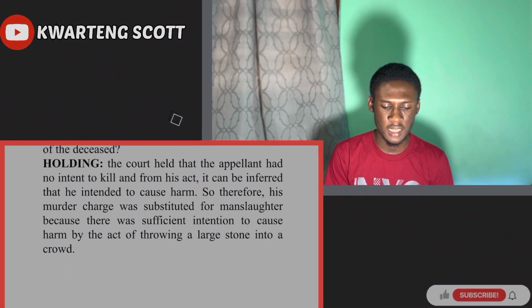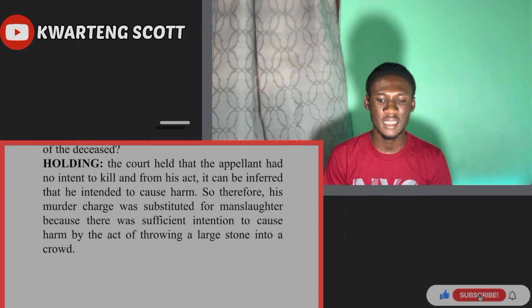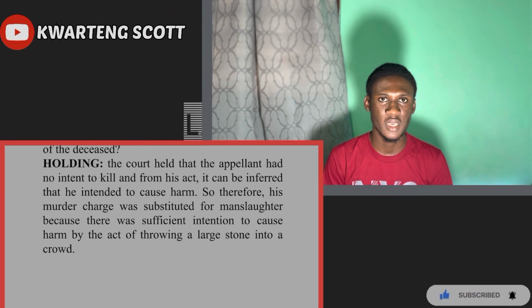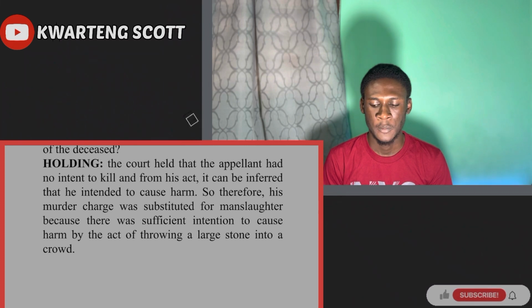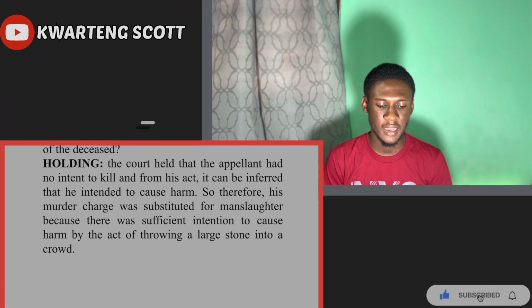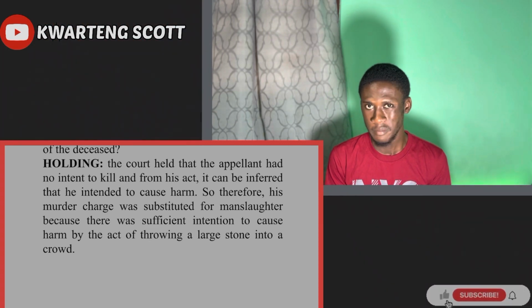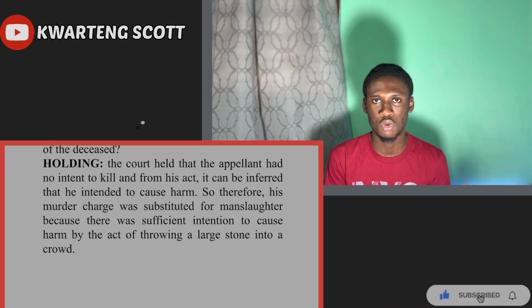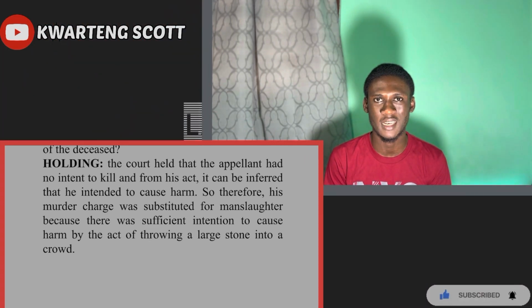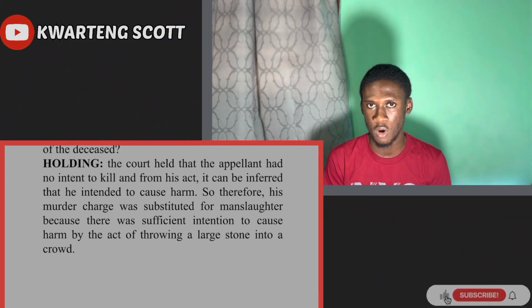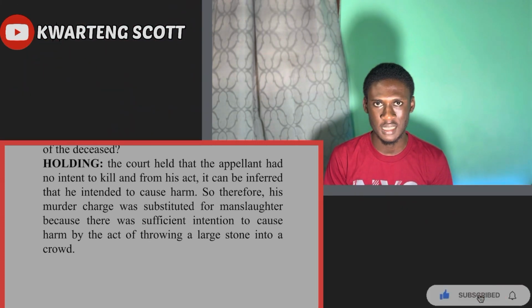And then the holding is, the court held that the appellant had no intent to kill from his act. It can be inferred that he intended to cause harm, because throwing the stone, it might not cross your mind that the stone is likely to kill someone, but you know that the stone is likely to injure someone or hurt someone.